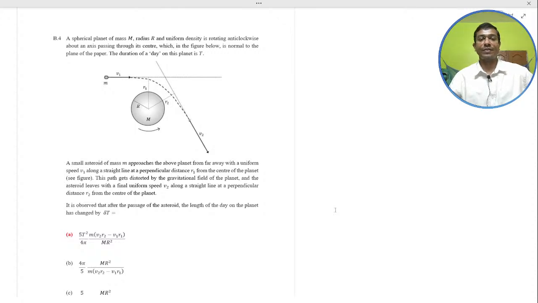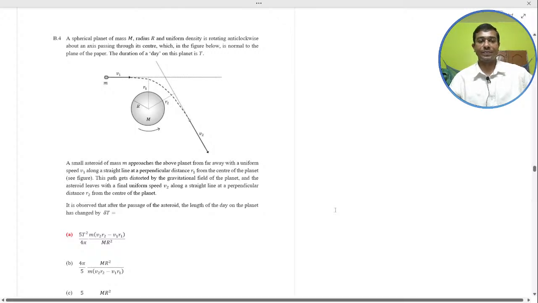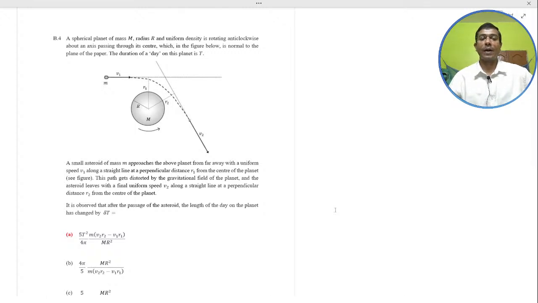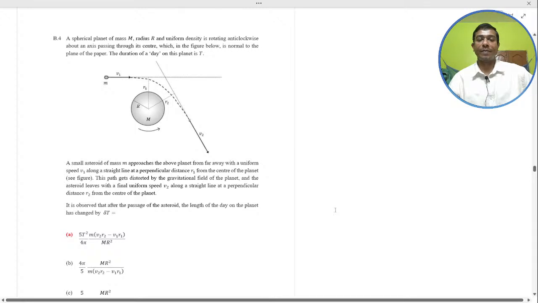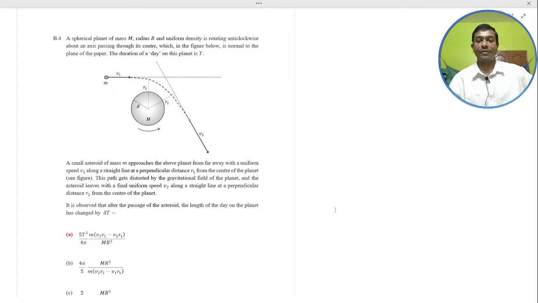This path gets distorted by the gravitational field of the planet, and the asteroid leaves with final uniform speed v2 along a straight line at a perpendicular distance r2 from the center of the planet. It is observed that after the passage of the asteroid, the length of the day on the planet has changed by delta t. Delta t is what?